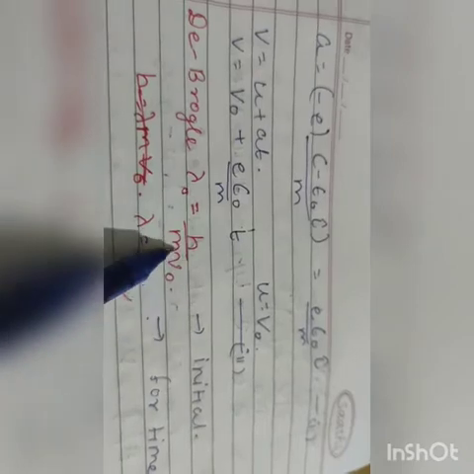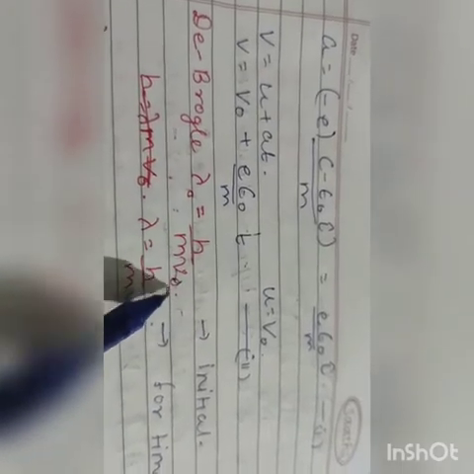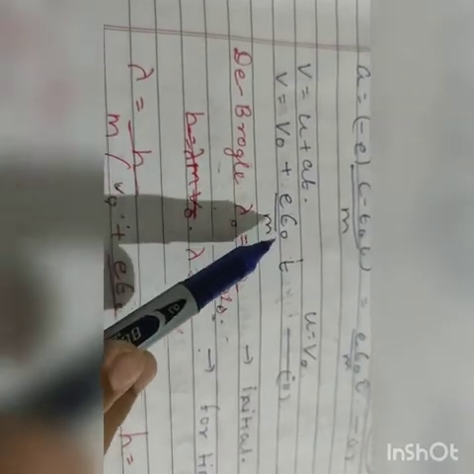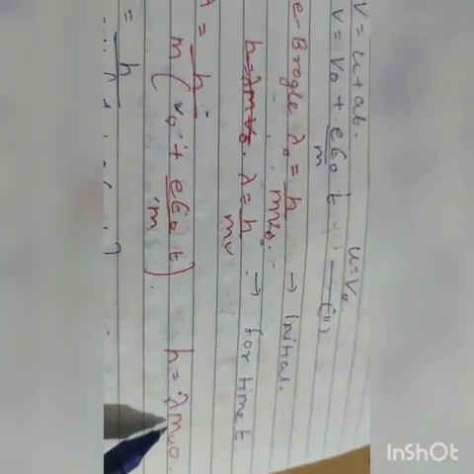You know, the de Broglie wavelength is lambda naught is equal to h by m v naught, that is for initial, and h by mv is for after time t. So we will just substitute the value. Lambda is equal to h by mv. So we will substitute the value of v, which is v naught plus E naught by m into t here, and the value of h comes out to be lambda naught m v naught.